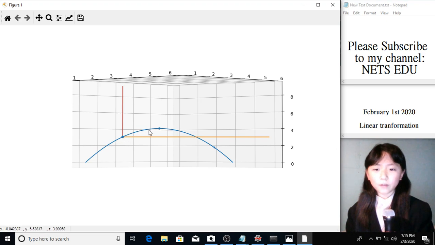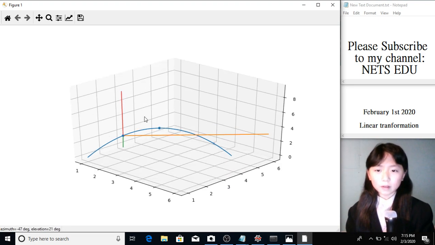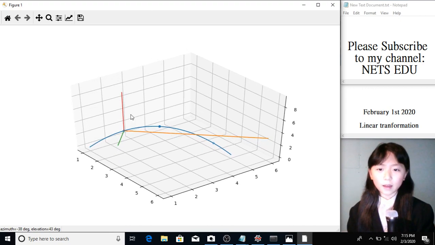First, we want to find these coordinates relative to this coordinate here. So these coordinates currently are still in the radar coordinates. We want to transform them into the coordinates relative to this, our imaginary one.